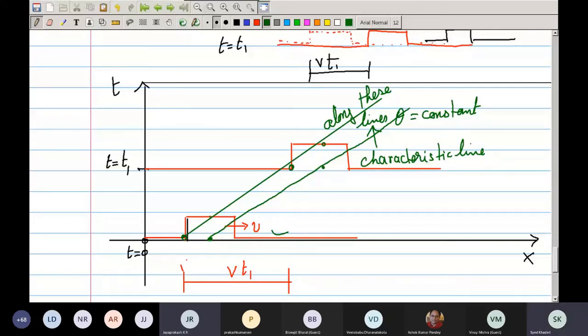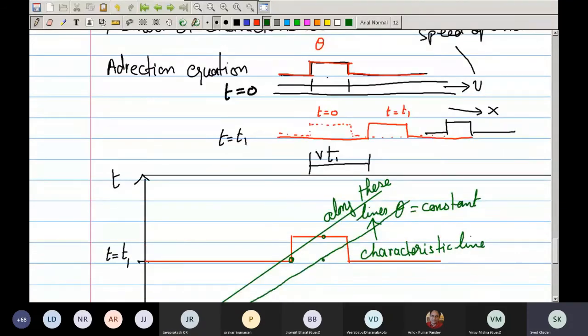Correct. In this particular problem, what are the possibilities? The possibility is that this profile can become diffuse like this. When diffusion happens, we are talking about heat conduction. Heat conduction is a mechanism which I'm completely ignoring here.